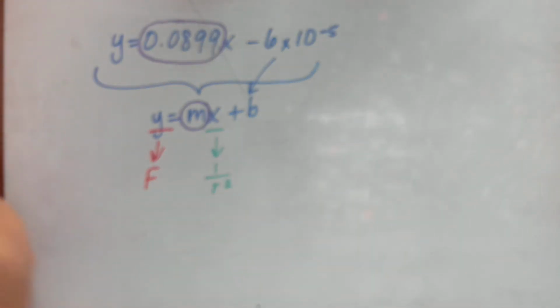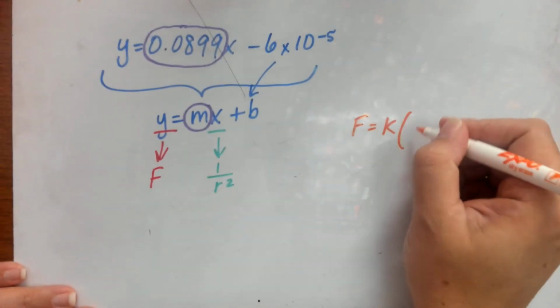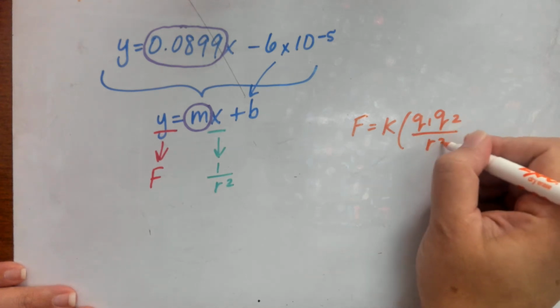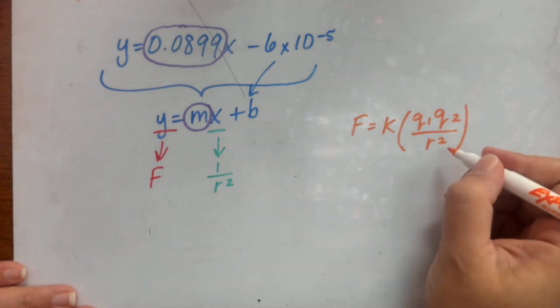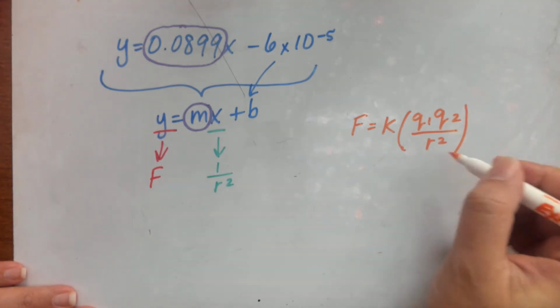Well, let's think about the formula that we've been talking about this whole time, Coulomb's law: force equals K Q1 Q2 over r squared. Now I'm going to break this apart and make this all a multiplication rather than a division.